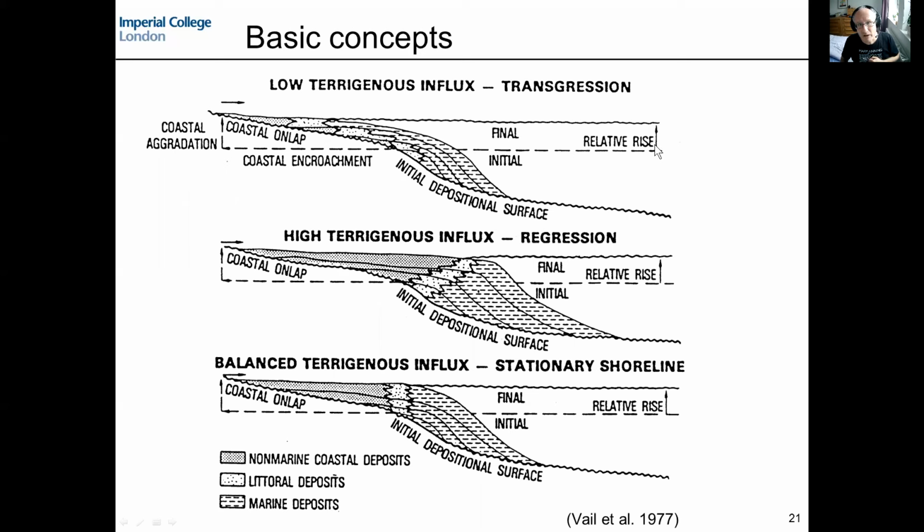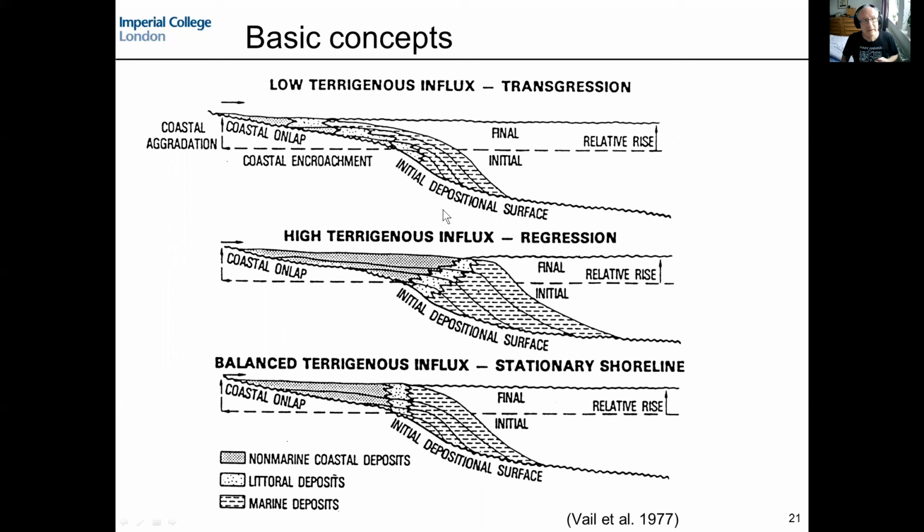And in this diagram here, we're assuming that sea level starts off here and sea level rises during deposition of those 4 units. You'll see all three of these diagrams have the same starting point. They have the same geometry: a shelf, slope, basin floor. And we start with sea level in a relatively low position, and then sea level is rising in relative terms to a final position.